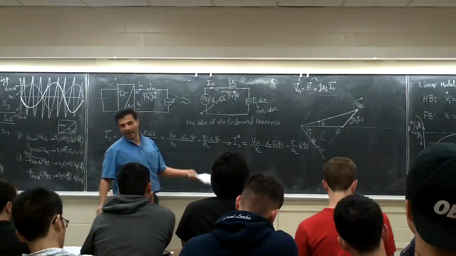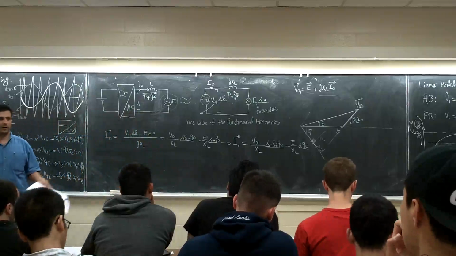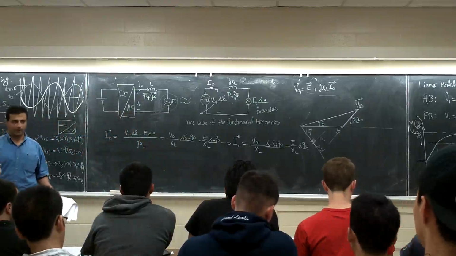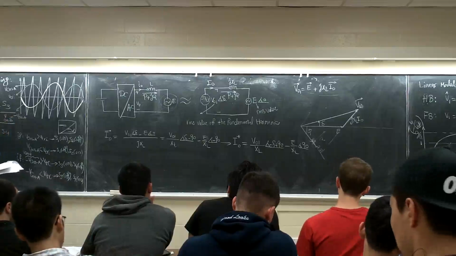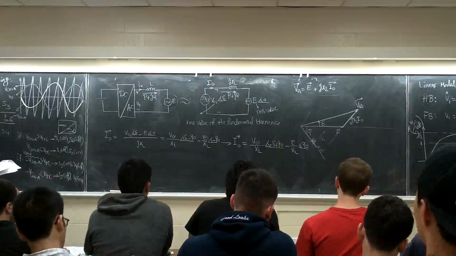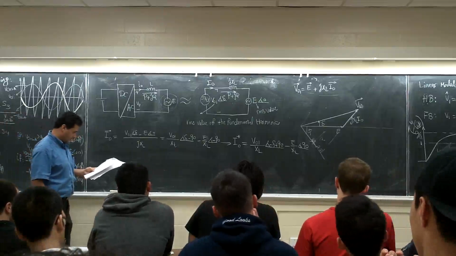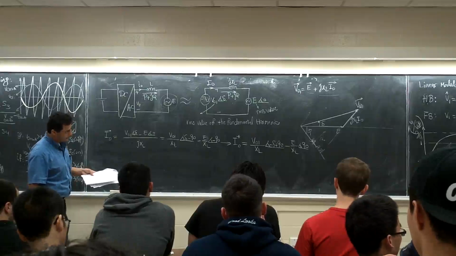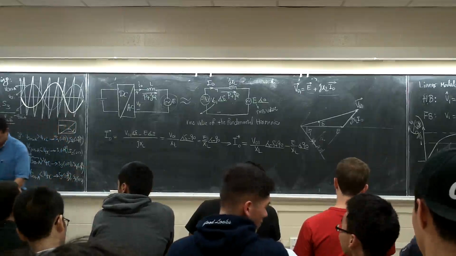Just the angle. Conjugate means either you can convert all the j's to minus j's, or you can reverse the angle, right? You can reverse the angle. Okay, let's continue this one.